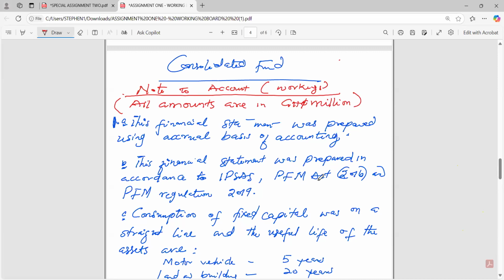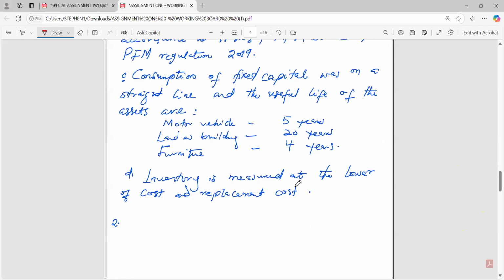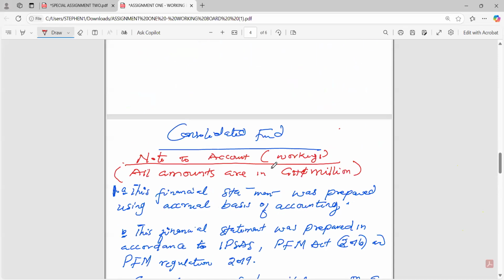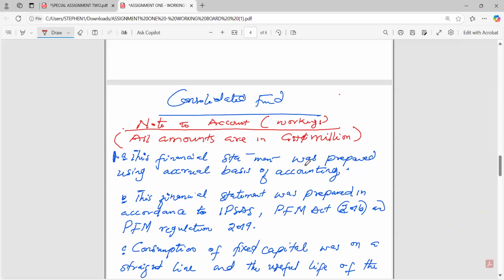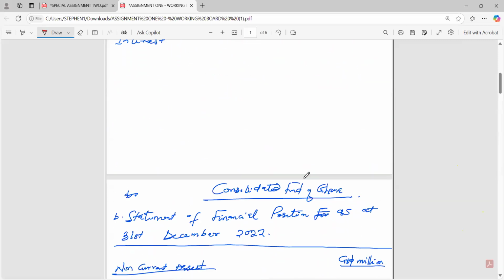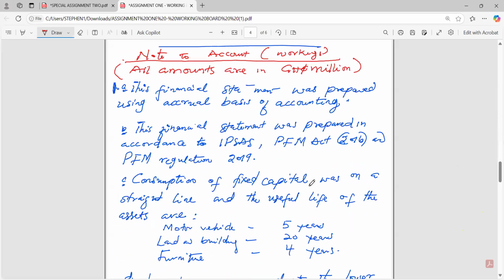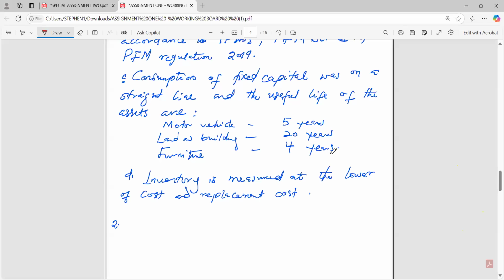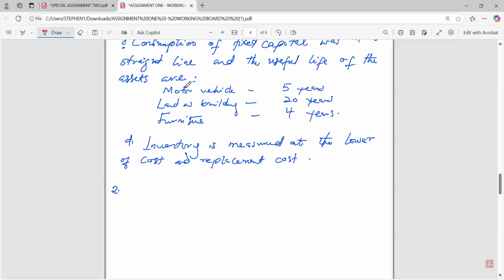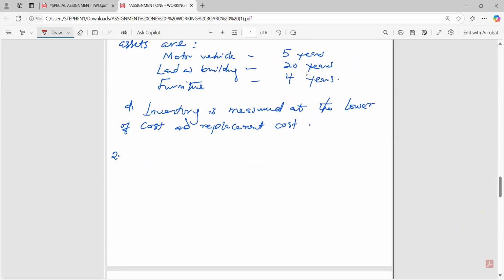So if the person marking sees this and you don't include the millions or the currency sign, they are okay, because you have indicated at the top that all amounts are in million. You see, it's very key. Because I can't be writing million each time, I don't have time. So let's go.